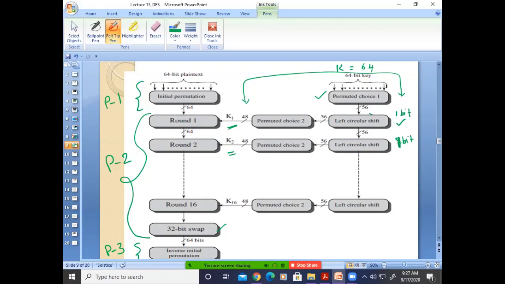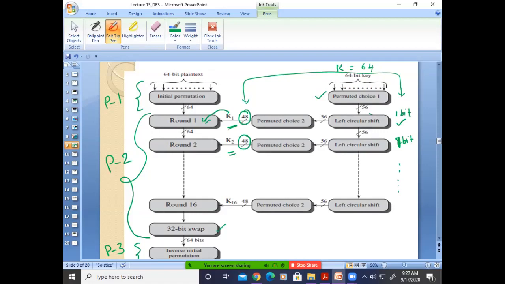That also will be a table based on the rounds. So for each round, left circular shift, permuted choice 2, which will generate the subkey K2, which is 48 bits, remember. Again, what will be there in these rounds, we will see.